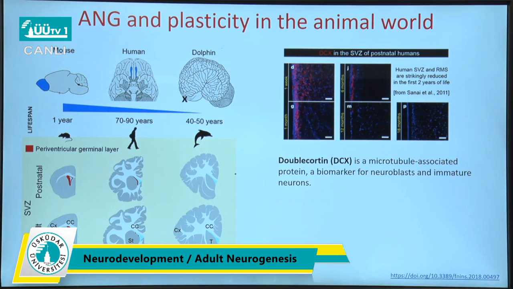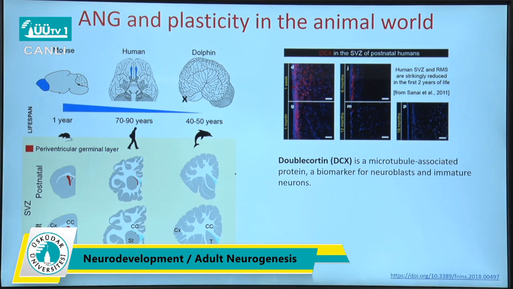Maybe if we weren't looking into the human brain after all these years, we would still see some neurogenesis. This doesn't seem to be the case, because we look at dolphins that have a lifespan of 40 to 50 years, and there is no neurogenesis in their brain at all, even in the very early postnatal days, in the earlier time of their life. So it seems to have a different reason.